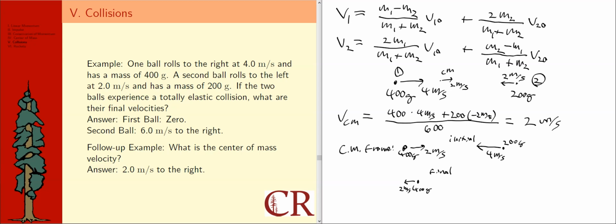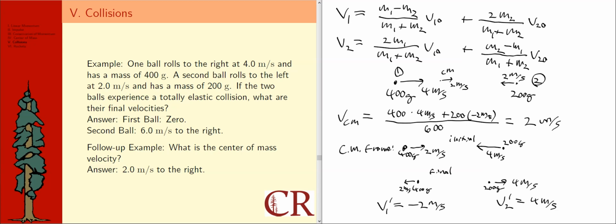And the 200 gram object is going to bounce off at 4 meters per second. I probably didn't draw that arrow large enough to reflect that, but oh well. And so in the center of mass frame, here's the way I would write this: V1 prime is equal to -2 meters per second. V2 prime is equal to 4 meters per second.